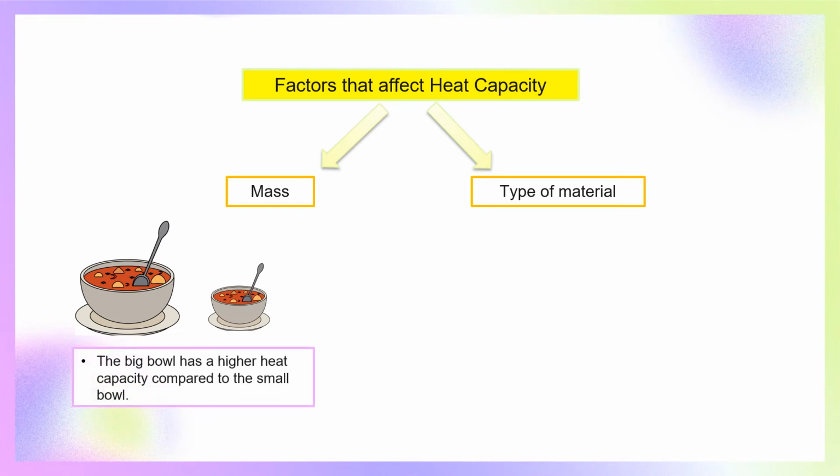Because the big bowl has a higher heat capacity compared to the small bowl. When we say higher heat capacity, it means that it takes a longer time to heat up and a longer time to cool down, while lower heat capacity means it takes a shorter time to heat up and a shorter time to cool down.